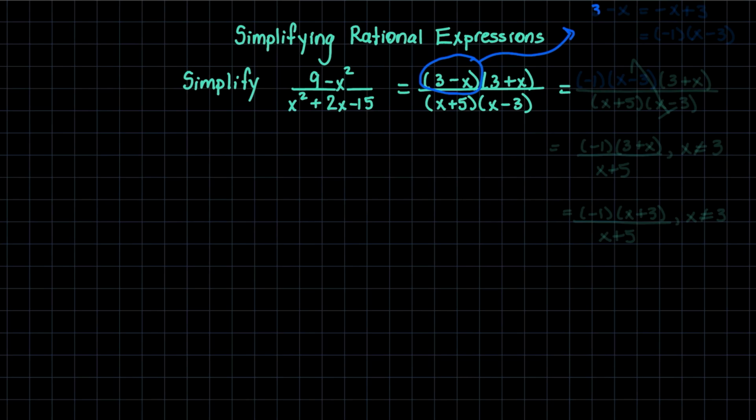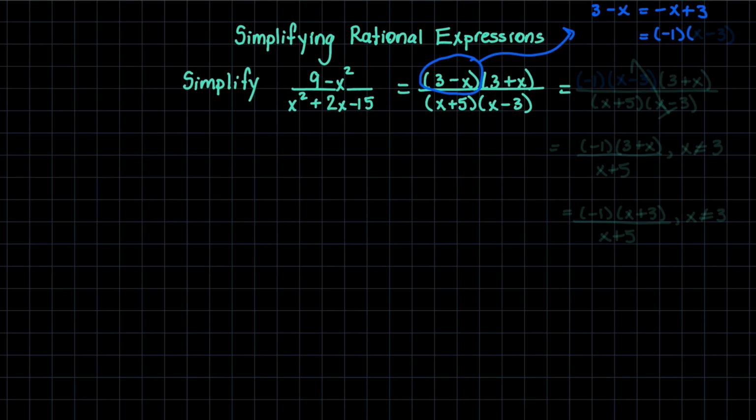Okay. 3 minus x, I can rewrite by flipping the two numbers to -x plus 3. 3 is positive on the left, 3 is positive on the right. X is negative on the left, x is negative on the right. These two statements are equivalent. Then I can factor a -1 out.